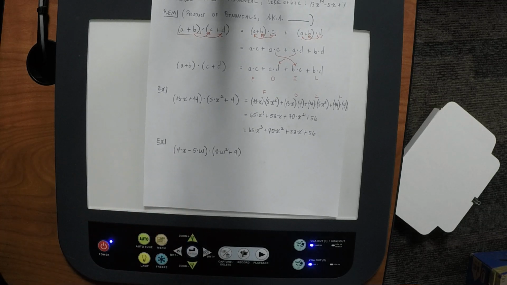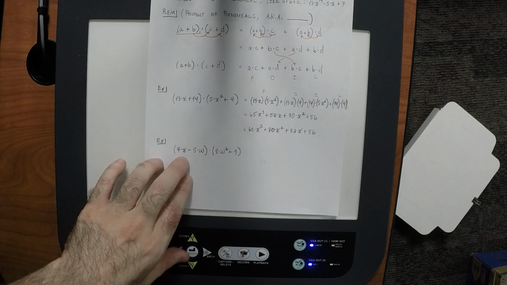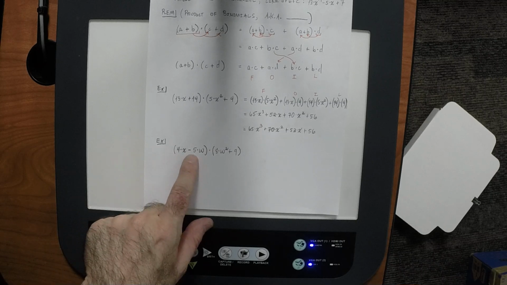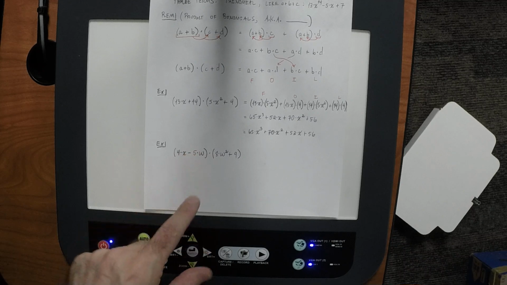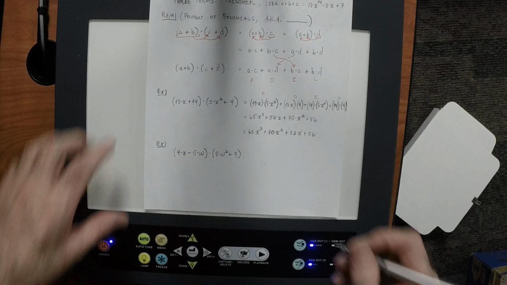There's nothing special about x, and there's also nothing special about having just one variable. That's not sacred. So that's a subtraction, but this factor is still a binomial because there are two terms, and it's still FOIL.